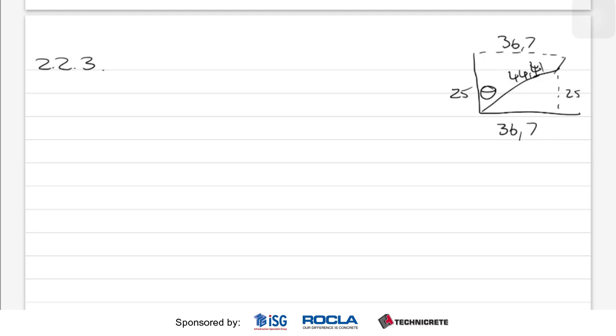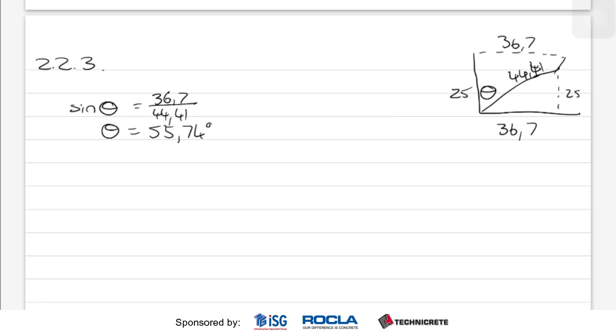So sine of our theta means our opposite over our hypotenuse. So then we would have 36,7 over 44,41. In your calculator, you would say shift sine, put this in, and you would get a value of 55,74 degrees.